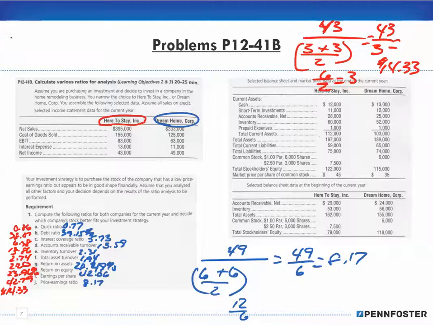Okay, I'm going to put the earnings per share here of 14.33 and their earnings per share of 8.17 here, because we need that for the PE ratio.